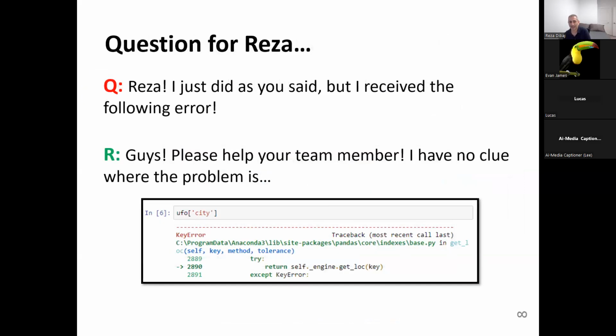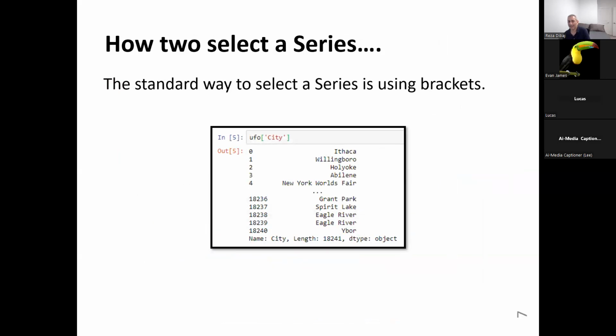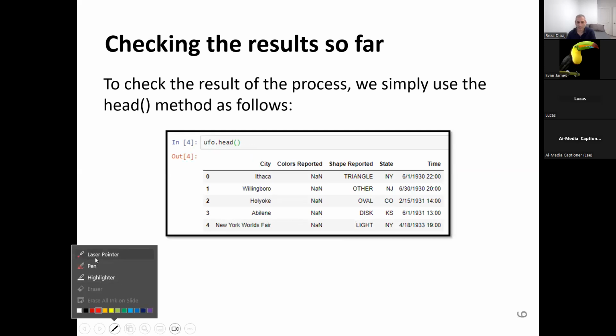So we see that it is possible to use, let me go back to this slide. Instead of saying UFO, bracket, single quote, city, single quote, close bracket, you simply can say UFO.city, which is quite faster, easier. So the same way, I want you please, for the second column, let me just use a laser pointer.